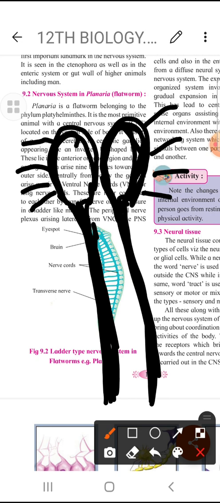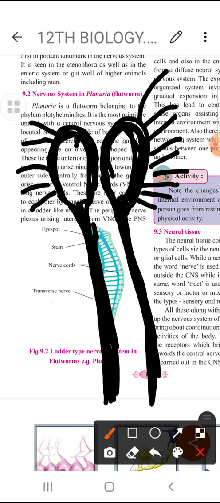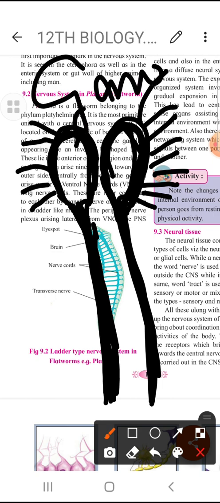This is the inverted U-shaped brain, and from the brain you have 9 branches coming out of this ganglion, and you call this brain as ganglion.